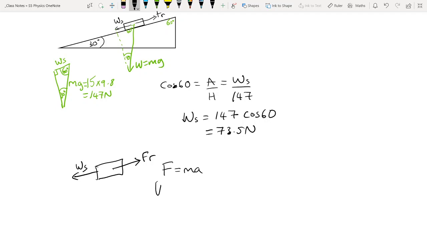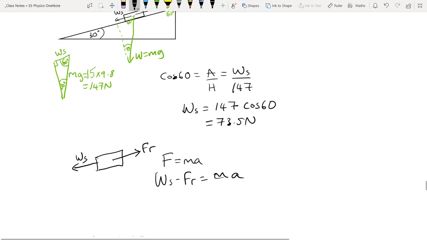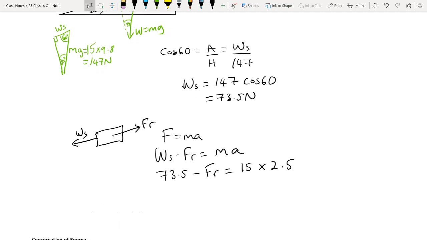So in this case, it would be WS minus the force of friction is mass times acceleration. WS is 73.5, take away the force of friction is the mass, which is 15, times the acceleration, which is 2.5. So friction is going to be 73.5 take away 37.5, which is 36 newtons.